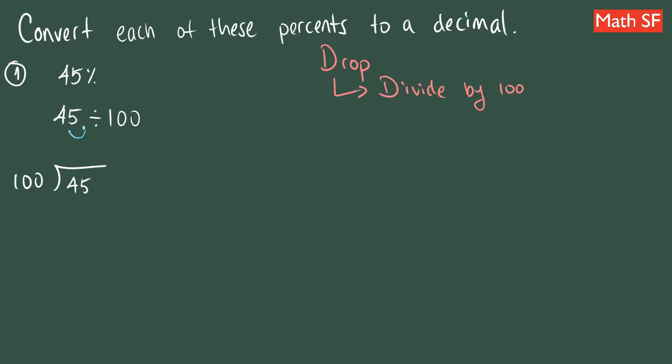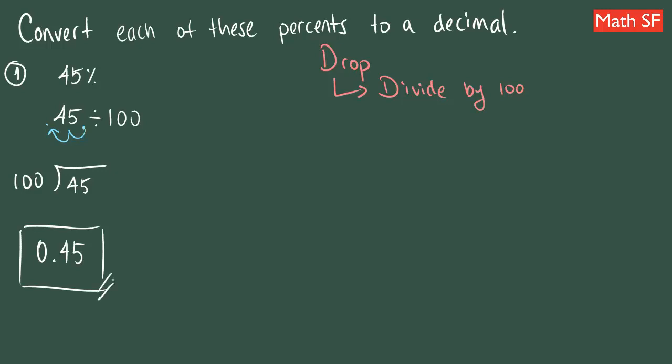So one space here and another space here. Therefore, our final answer should be 0.45. That should be the answer for number 1.